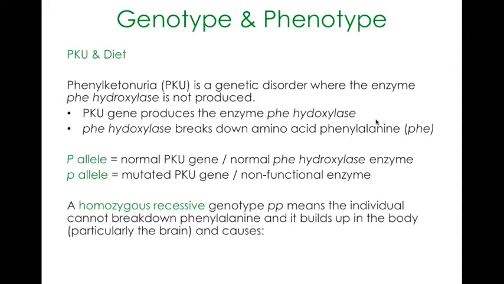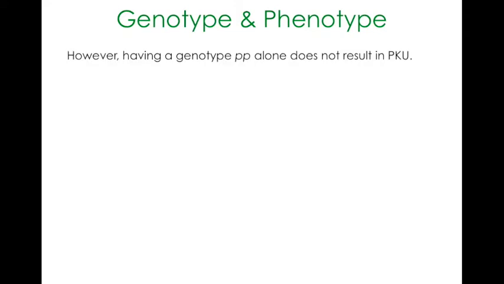And so individuals with a homozygous recessive genotype, lowercase p, remember, homozygous meaning they're the same, recessive means they're both lowercase p, right? It means that the individual cannot break down phenylalanine and it builds up in the body, particularly in the brain. Now, this has a few effects: brain damage, mental retardation, and the like, okay?